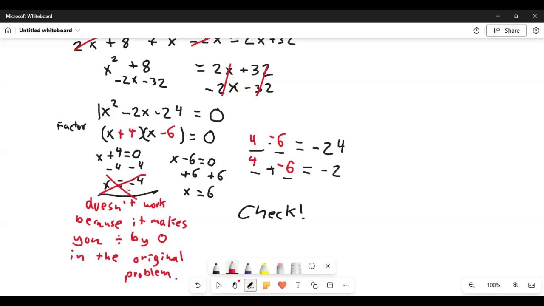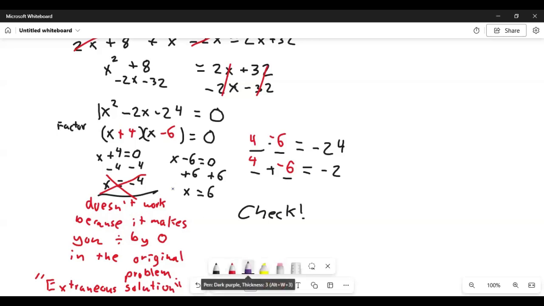When an answer doesn't work like this, we call it an extraneous solution. In other words, you did all the math right, but you ended up with an extra solution that doesn't actually work. So you cross it off.